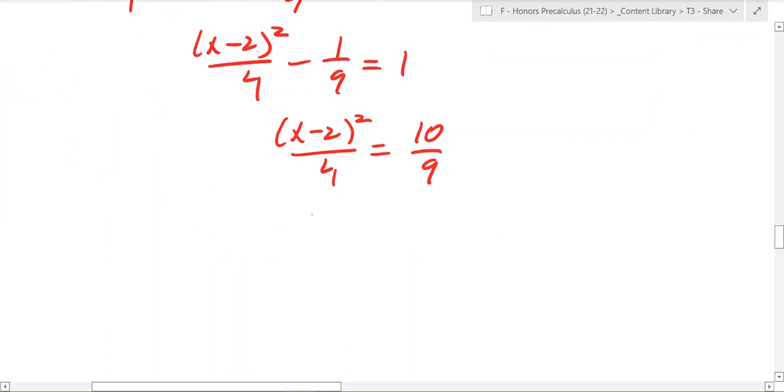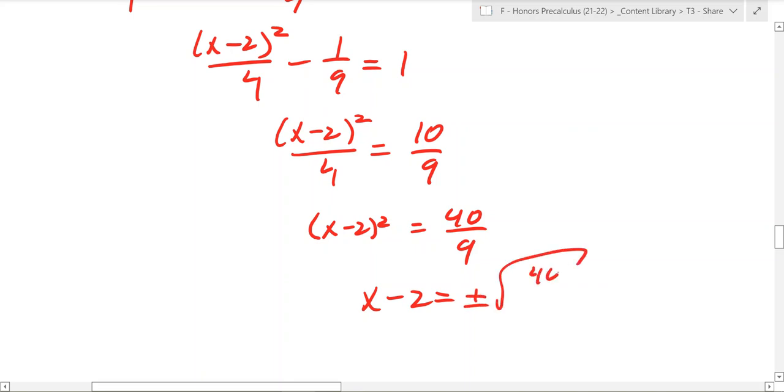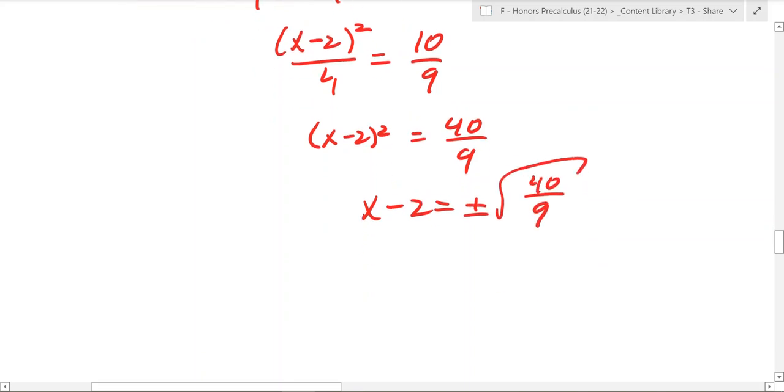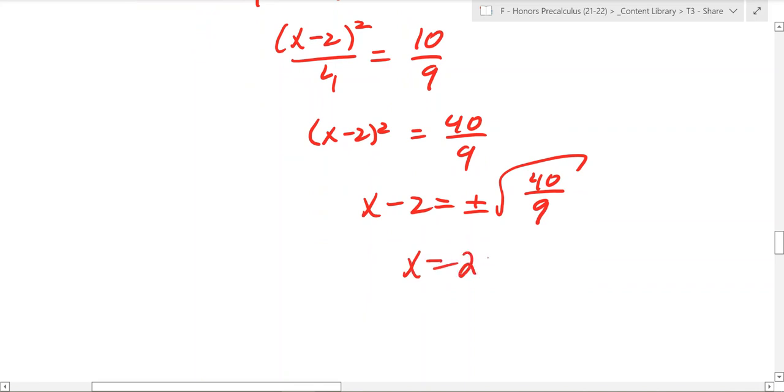Multiply by 4 on both sides, you end up with (x minus 2) squared is equal to 40 over 9. So x minus 2 is equal to plus or minus the square root of 40 over 9. So we end up with x is equal to 2 plus or minus the square root of 40 over 9.